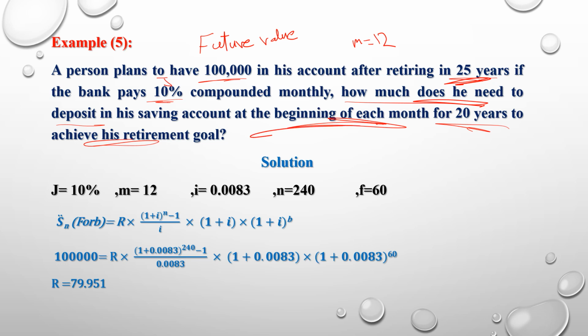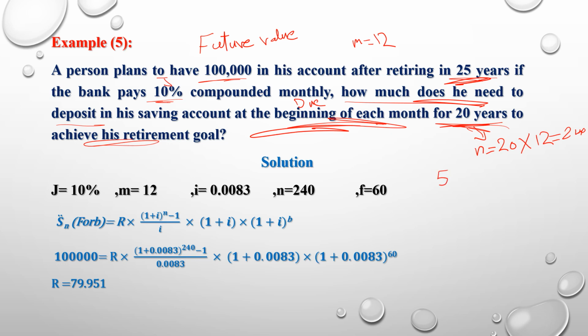So at the beginning means this annuity would be an annuity due for 20 years. So N equals 20 times 12, and this equals 240 payments, and the accumulation period equals 5.